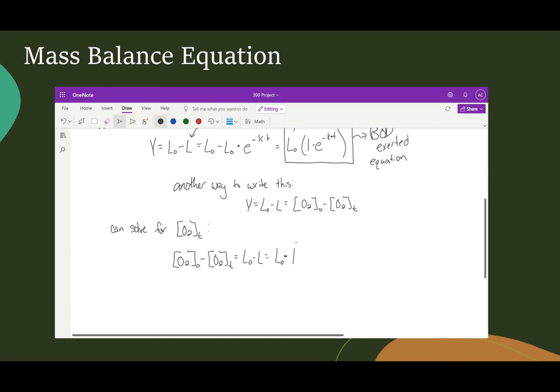So we can solve these equations by writing what we already solved for with BOD and BOD exerted.